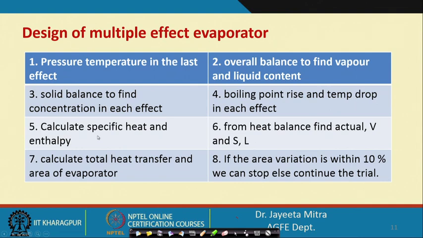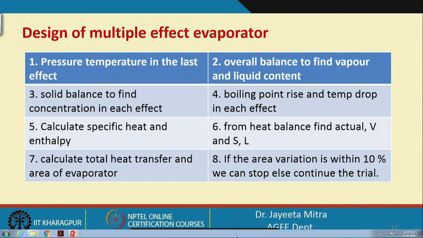Finally, calculate the specific heat and from that the enthalpy. From the heat balance we can find out actual V, S and L and check with what we have assumed. Then calculate the total heat transfer area of the evaporator, and if we are getting within 10% variation we will stop, otherwise the iteration will continue.